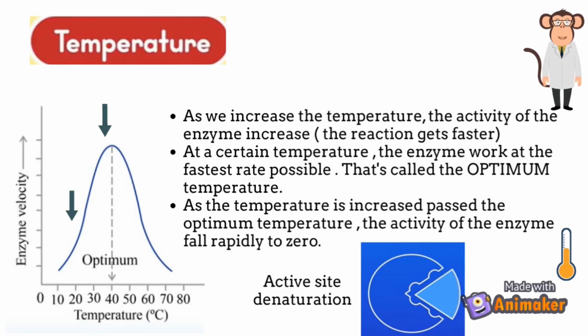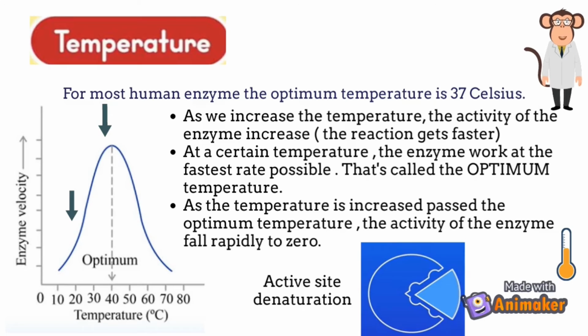That's called the optimum temperature. For most human enzymes, the optimum temperature is 37 degrees Celsius. As we increase the temperature past the optimum, the activity of the enzyme rapidly decreases to zero. In other words, the enzyme stops working, and the active site is denatured.